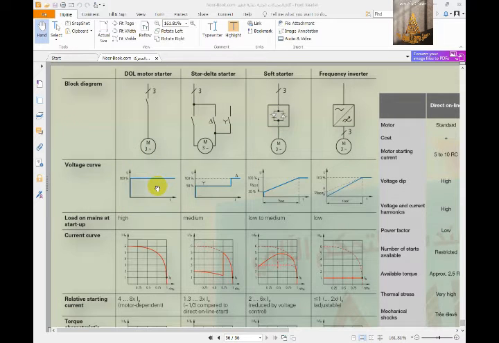That's real. Okay, for the star delta, we will find that we reach about half, approximately 50 percent. Then we get this step to reach another percentage to reach 100% of the voltage curve.